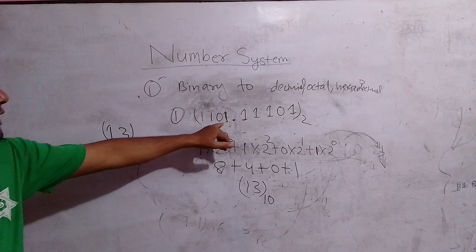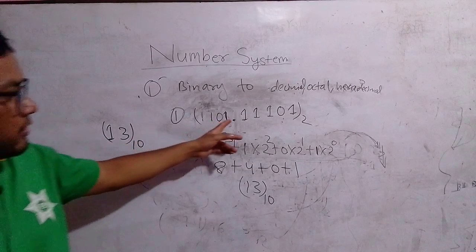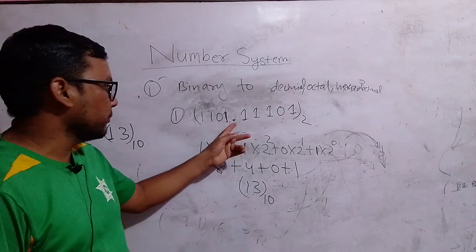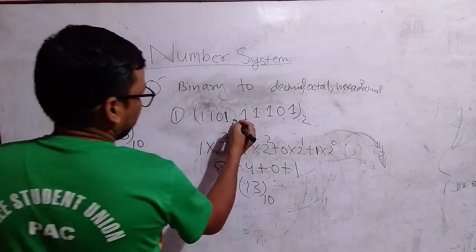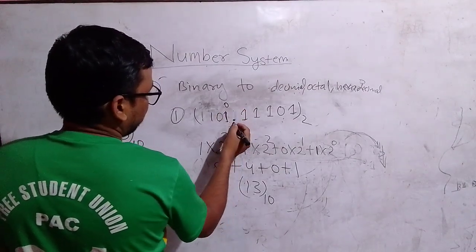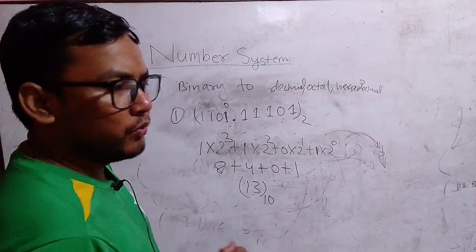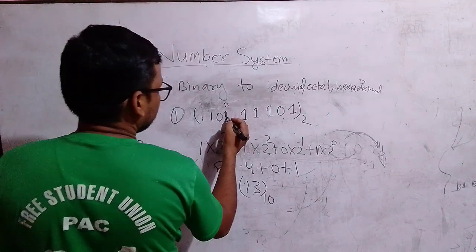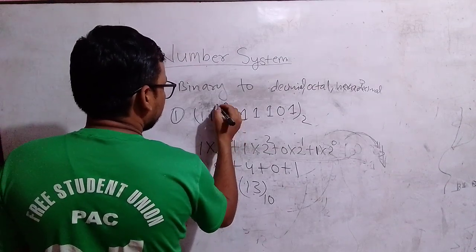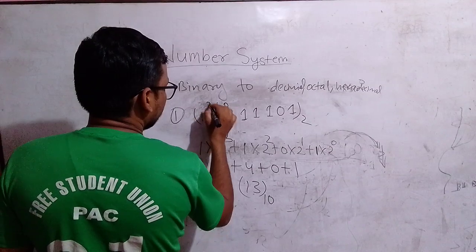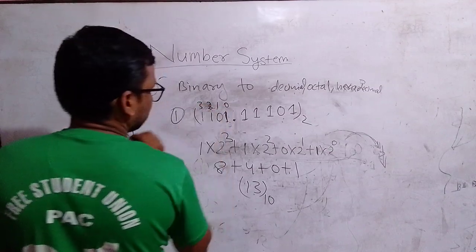13 dot. This is the integer part. Now it contains the fractional part also. We need to count positions from here. Now what is its position? 0. The left hand side contains the integer. For the integer part we do the same procedure. The first digit is at position 0, the second digit is at 1, the third is at 2, the fourth is at position 3.